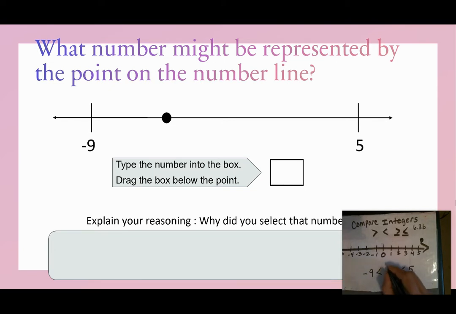But 4 would work. 3 would work, 2 would work, 1, 0, -1, -2, -3, -4, -5, -6, -7, -8. -10 would not work because -10 is actually less than -9. So any of those numbers would work for this situation.